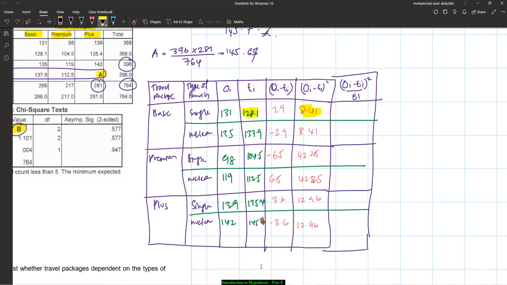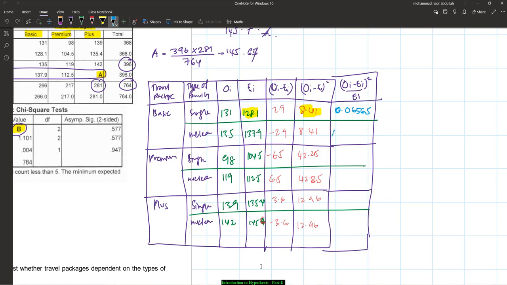So we will get the value of chi-square. So 8.41 divided by 128.1. It should be 0.0657, right? So 8.41 divided by 137.9.